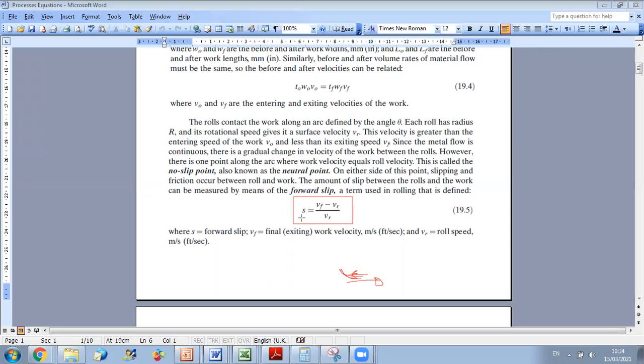So in general, the forward slip is characteristic of the rolling operation. It can be given, and I can in this way relate V final to the linear velocity of the rolls, where S is the forward slip, which is without unit. VF is the final exiting work velocity, in meters per second in SI units, or in feet per second or inches per second in English units. And VR is the roll speed.